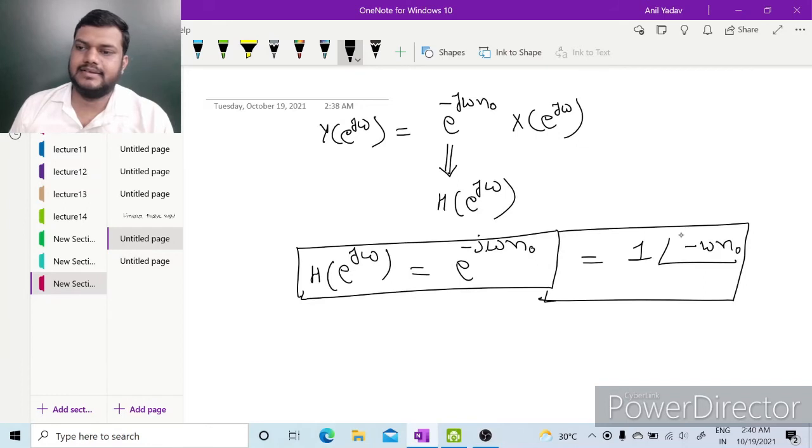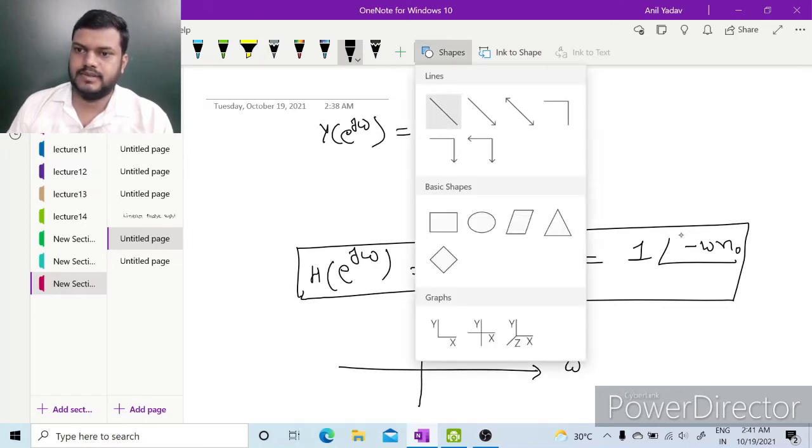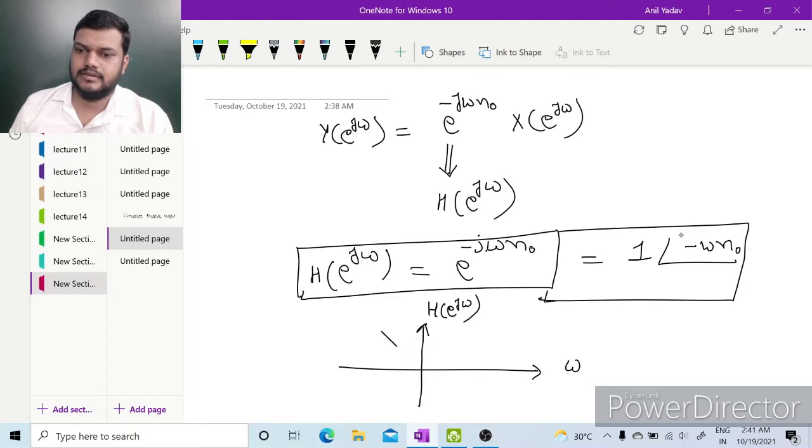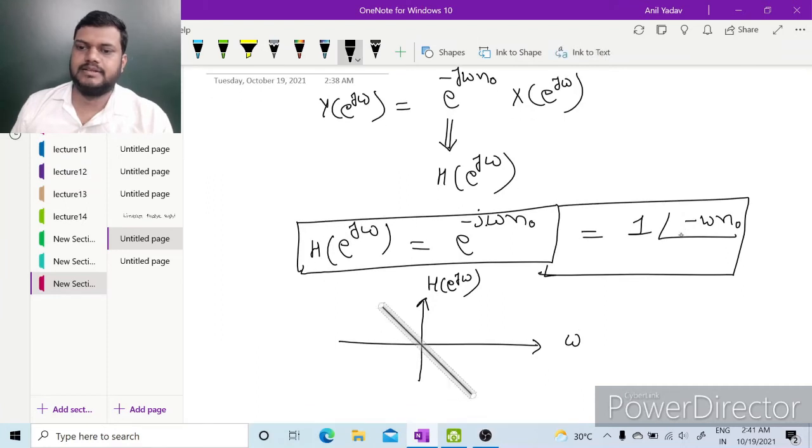As we can see here, θ(ω) is minus ω n0. It means minus ω n0 can be plotted as a line something like this.